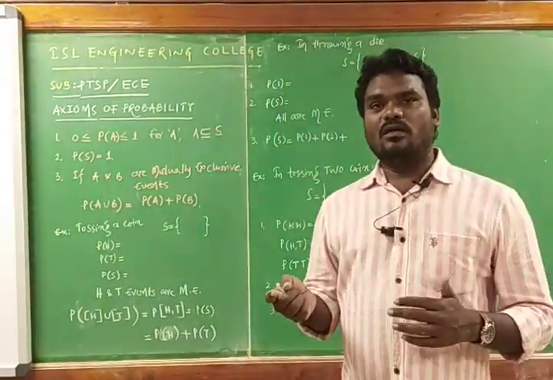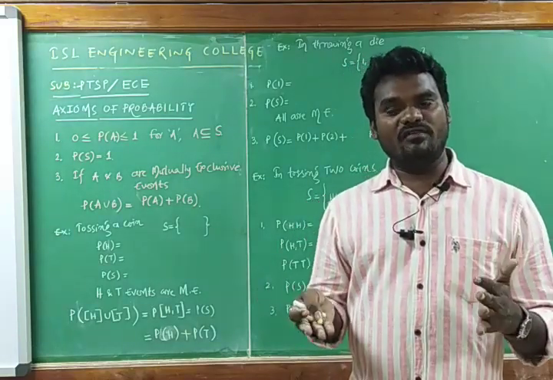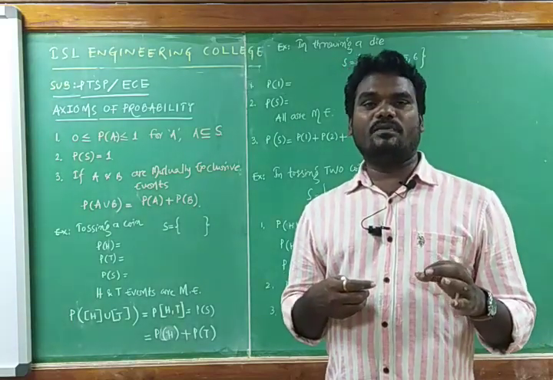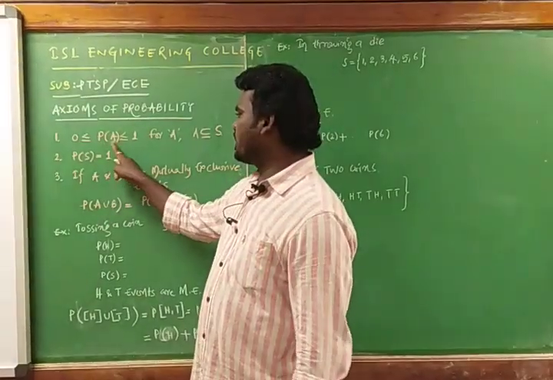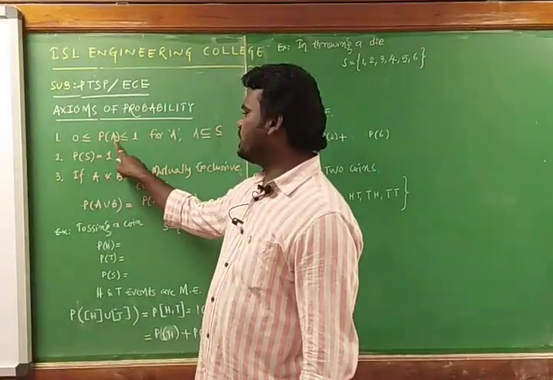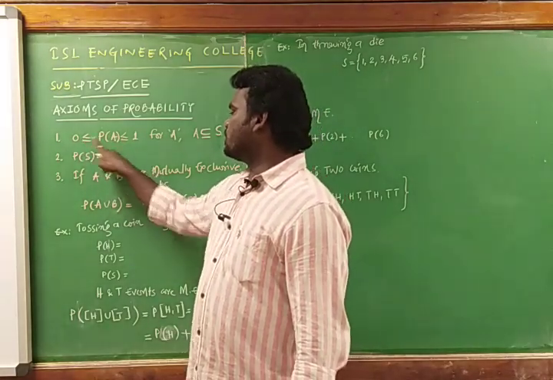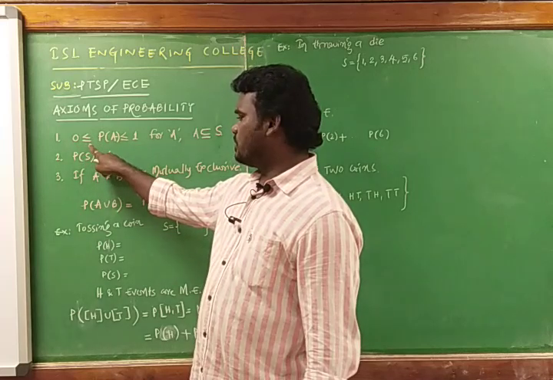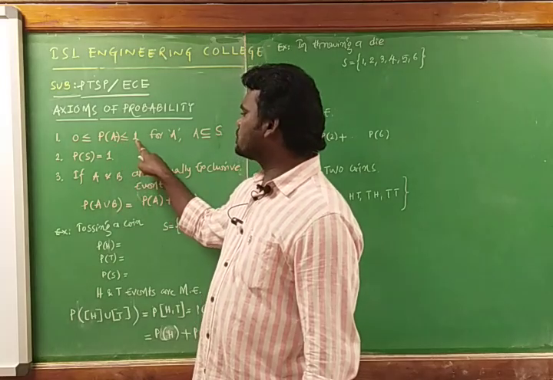That means whatever probability of an event you calculate from a given sample space must be between 0 and 1 only. The probability of any event should lie between 0 and 1. That means 0 is less than or equal to the probability of an event, which is less than or equal to 1.